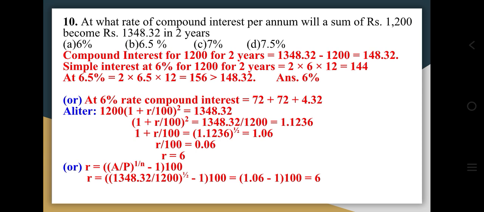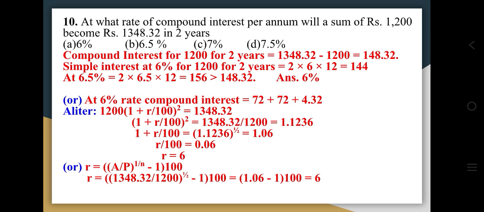At what rate of compound interest per annum will a sum of rupees 1200 become rupees 1348.32 in 2 years? So 1200 becomes 1348.32 in 2 years. We have to find out the compound interest rate.